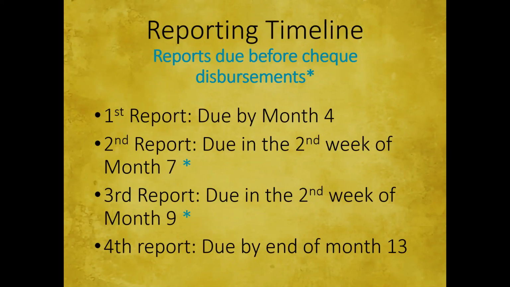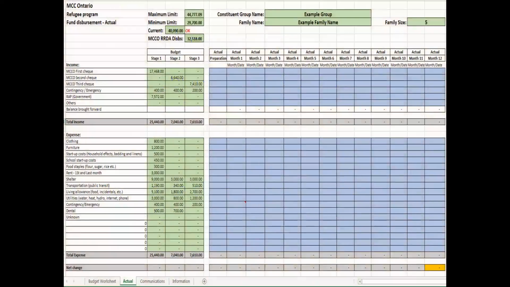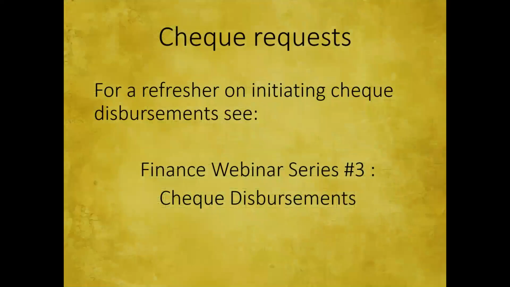So it gives the group and MCC finance team time to get those reports in and to look at them before your group is needing those checks. So for a refresher on initiating these disbursements, please see the webinar series number 3 video.